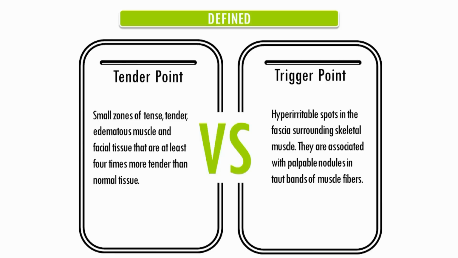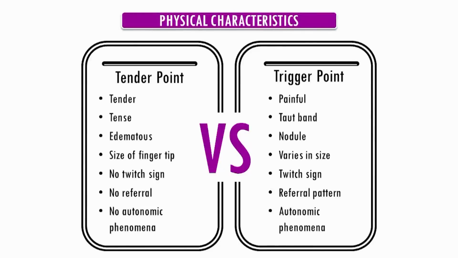A trigger point is a hyperirritable spot in the fascia surrounding skeletal muscle. They are associated with palpable nodules in taut bands of muscle fibers. Let's look at some of the physical characteristics of these two points. A tender point is tender, tense, edematous, and the size of a fingertip. It has no twitch sign, no referral pattern, and no autonomic phenomena associated with it.